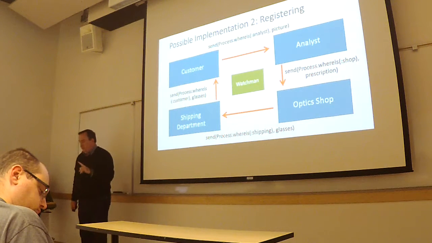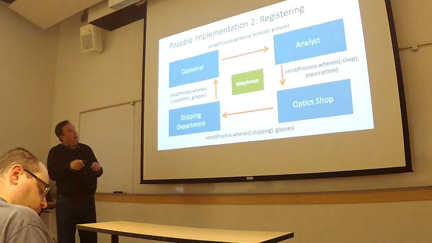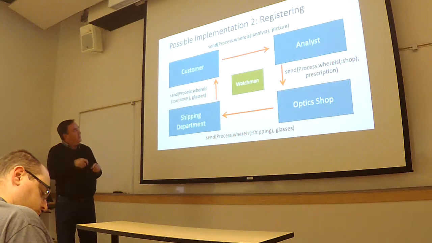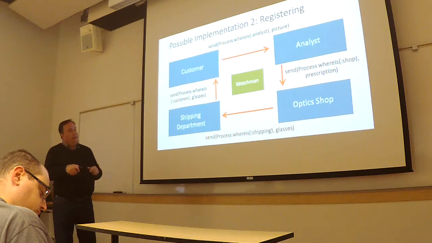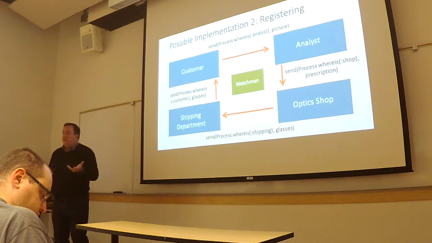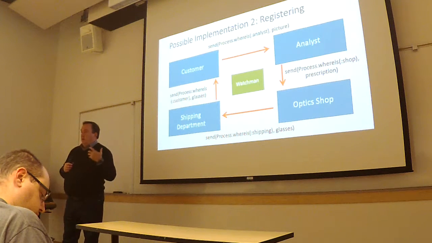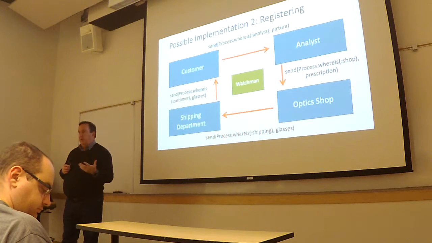One other change with this, so the big thing is we're now just relying on named processes here and always asking where is that process. We'll introduce a fifth process, an additional process into the mix. This is often called a watchman or a watcher or a monitoring process or all kinds of other terminology.